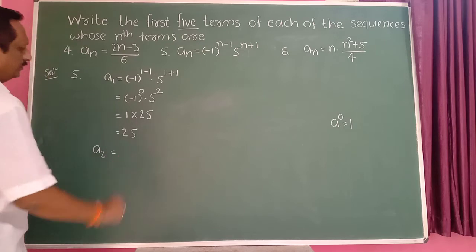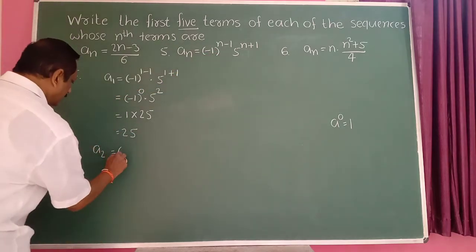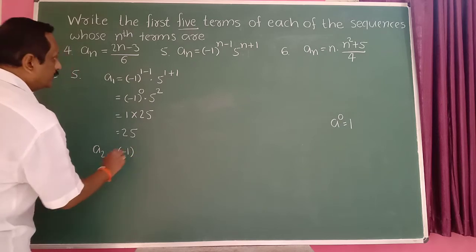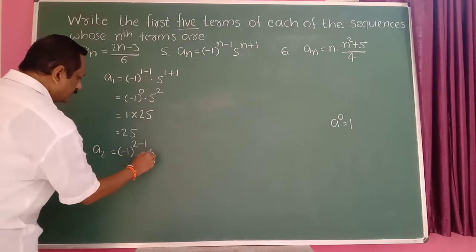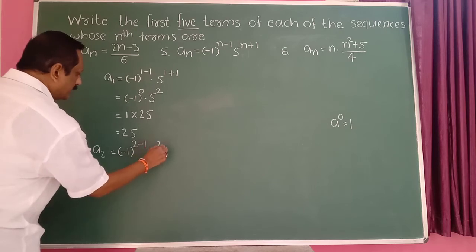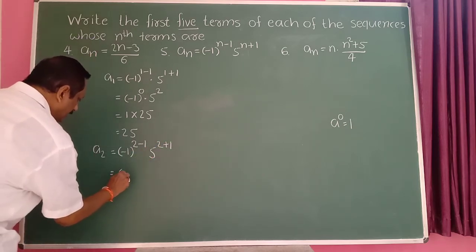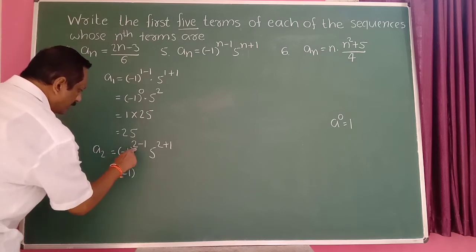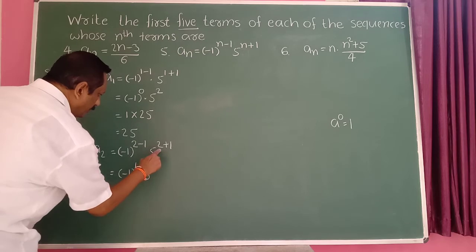Next a2. a2 is equal to, put n value 2 here. So (minus 1) raised to (2 minus 1) into 5 raised to (2 plus 1). So this is equal to (minus 1) raised to (2 minus 1), which is 1, into 5 raised to (2 plus 1), which becomes 3.